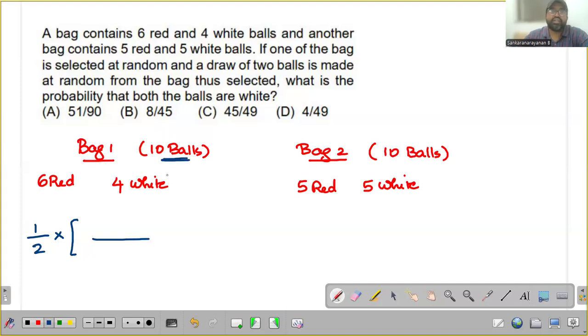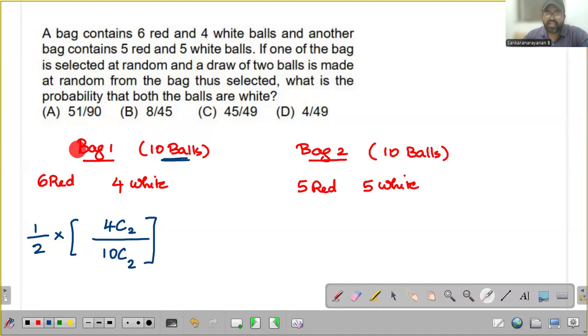I have to select 2 balls at random, so the number of ways I can do it is 10C2. And in this 10C2, the consideration is both of them should be white. So 4 white are there, you are selecting 2 white. The number of ways you can do it will be 4C2.